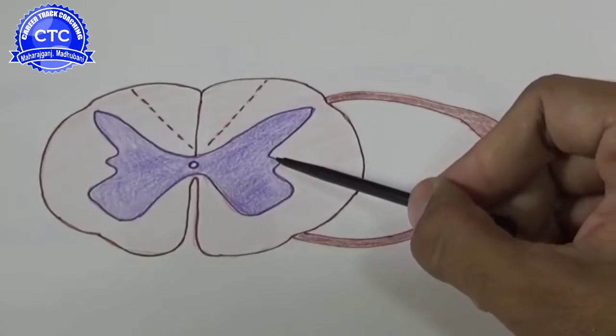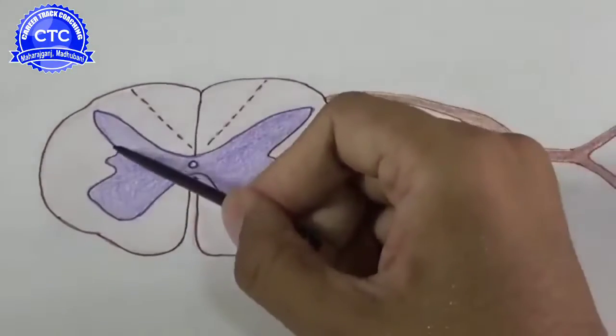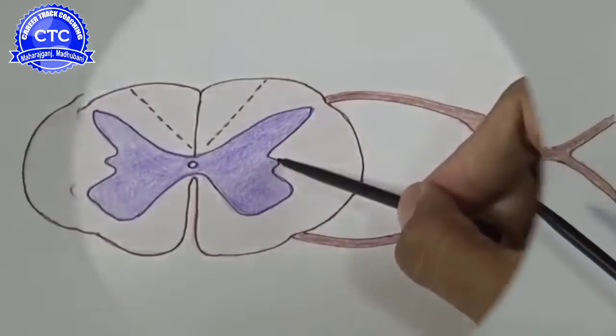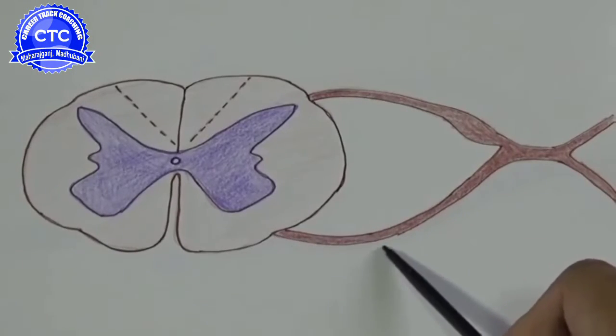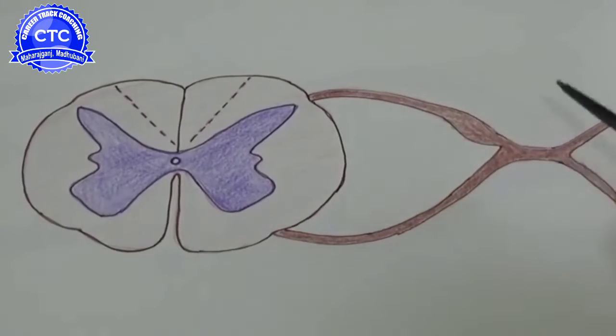Similarly, for sympathetic, the thoracolumbar outflow is seen in the form of preganglionic neurons situated in lateral horns. In this diagram, only the one-sided ventral root, dorsal root ganglion, and formation of spinal nerve are shown.